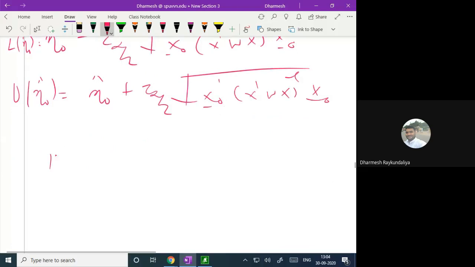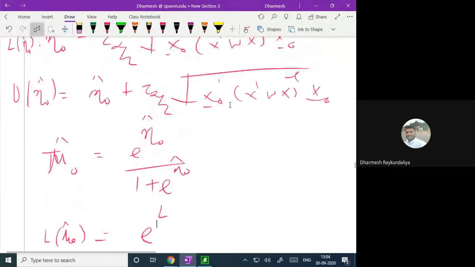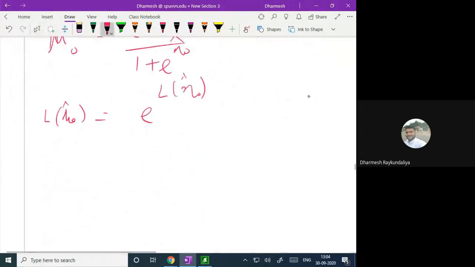Then if I am interested in finding the confidence interval of y or mu 0, mu 0 cap is e raised to eta 0 cap divided by 1 plus e raised to eta 0 cap. What is the confidence interval? The lower limit of mu 0 cap is e raised to the lower bound of eta 0 cap, instead of eta 0, divided by 1 plus e raised to the lower bound of eta 0 cap.